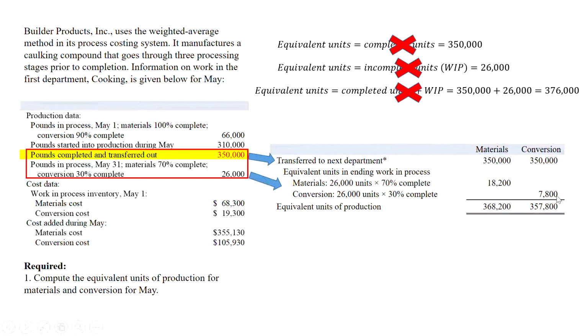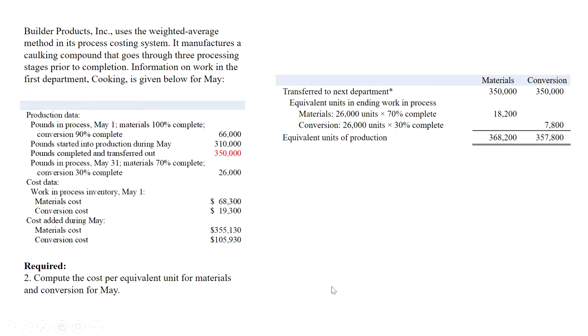I'll take that 7,800 plus the 350,000, and my total equivalent units of production for conversion is 357,800. And again, you notice that these are different numbers, and again, notice that I've converted ending work in process inventory to equivalent units. So let's keep moving on in this particular example.